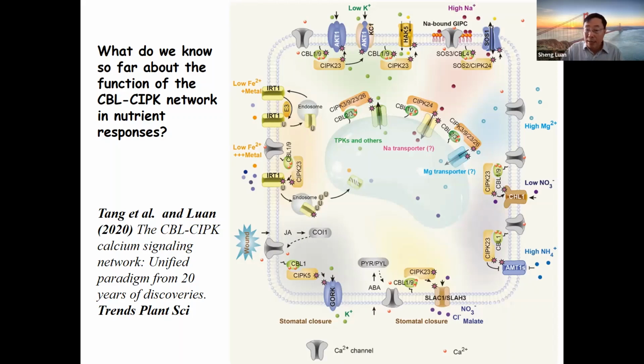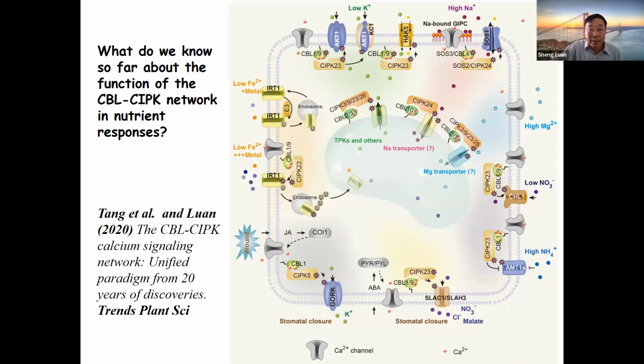And by the way, if you want to see more details on the 20 years of research on the CBL-CIPK network, this is, I think, a good review. It's not just because we wrote it, but it's the most recent, more comprehensive review summarizing 20 years of research in this area.